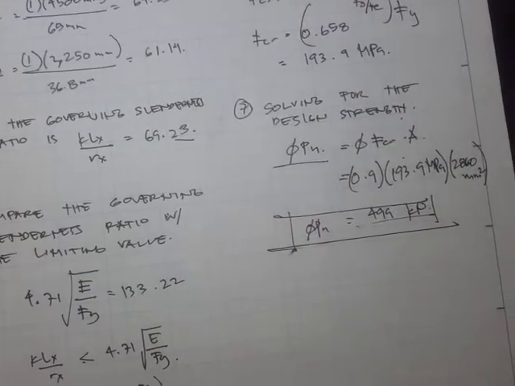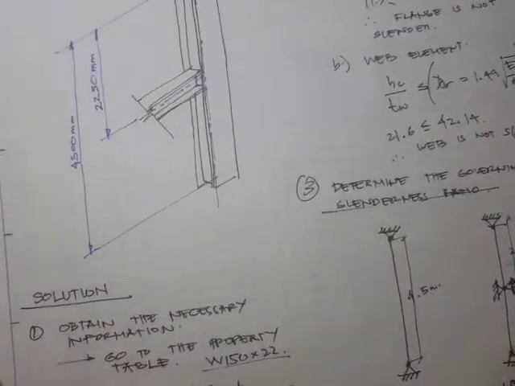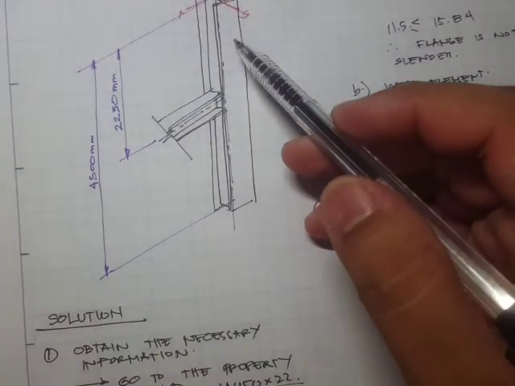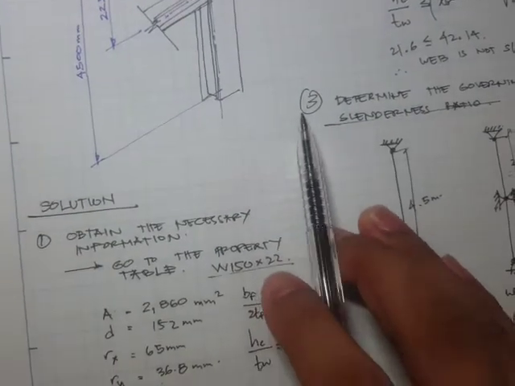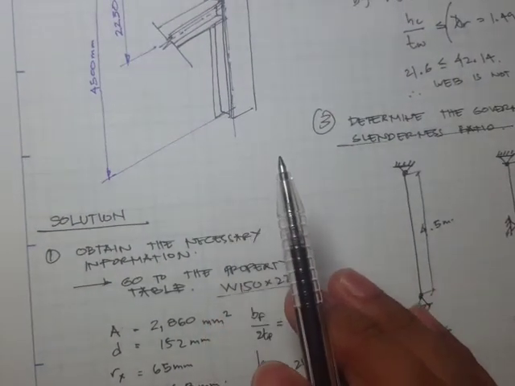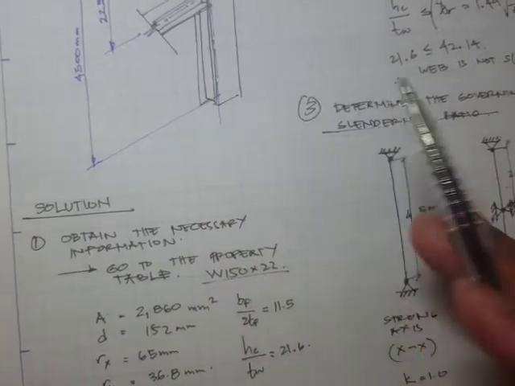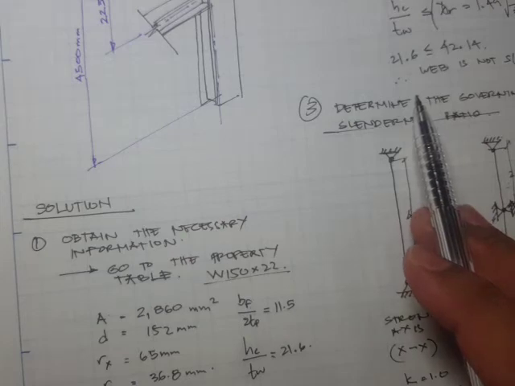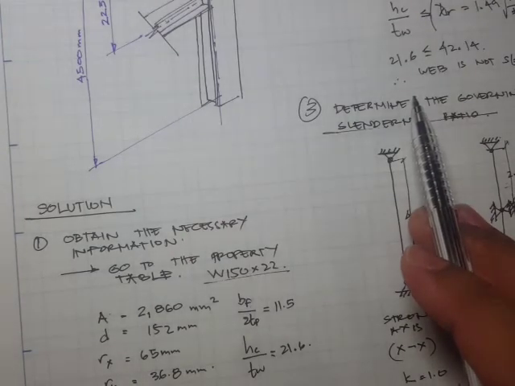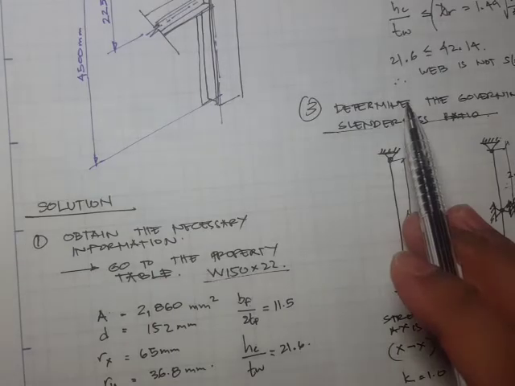Okay, so in review, this is the sample problem. We first obtain the necessary information. Whenever it is an analysis type of problem, we have to obtain the necessary information, because you know that an analysis problem means that you have the geometry, the details, the dimensions, and you just have to find the strength.